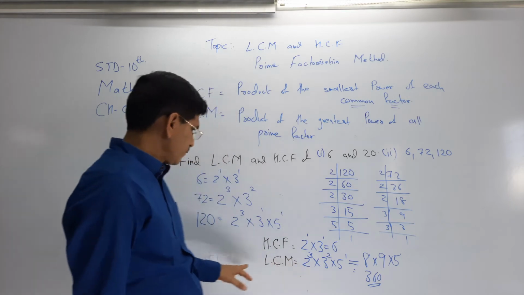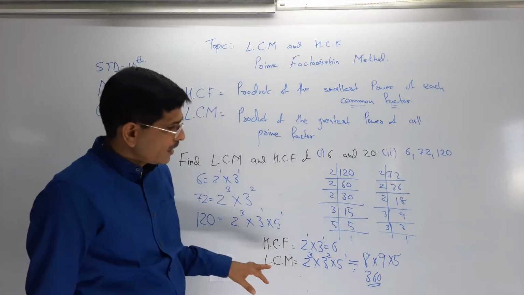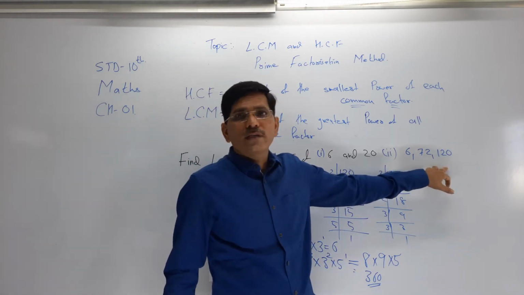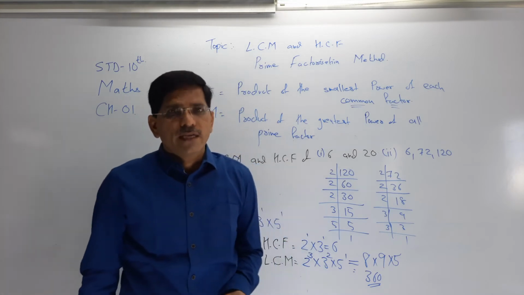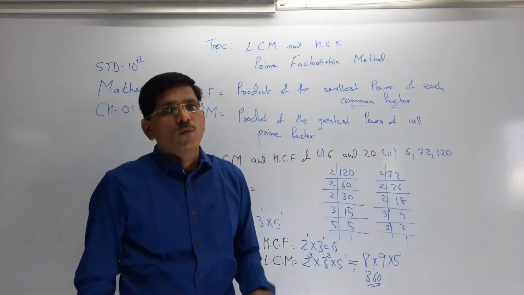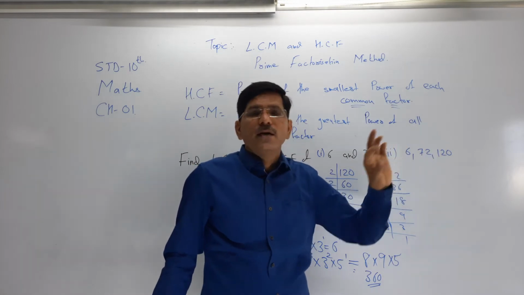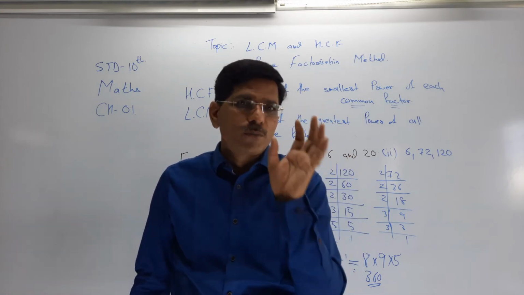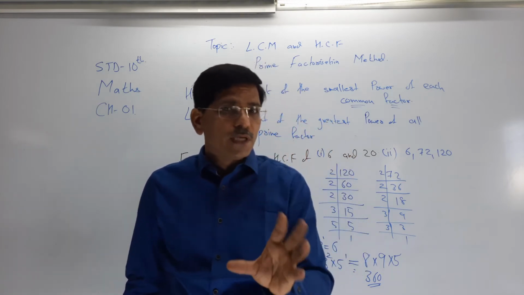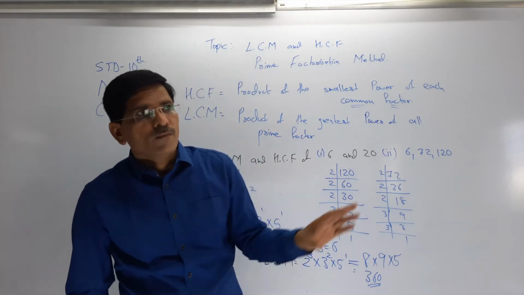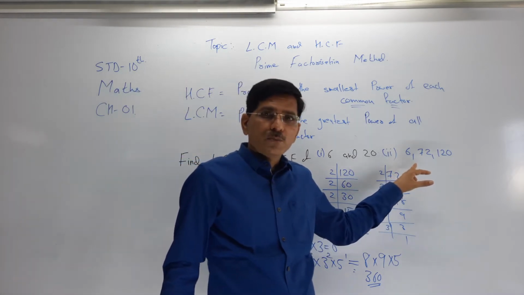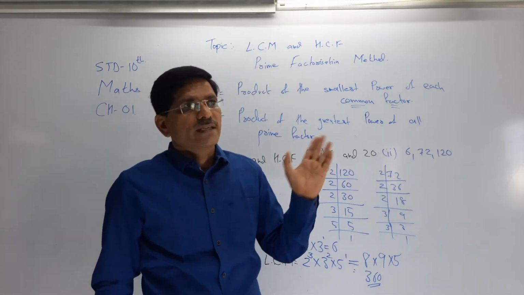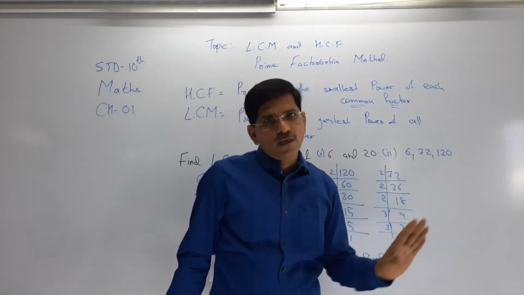Same for LCM: it is 360, and the greatest number is 120. So LCM can be 120 or greater than 120, but not smaller. Keep the concept in mind: HCF should always be at most the smallest number, and LCM must always be at least the greater number.